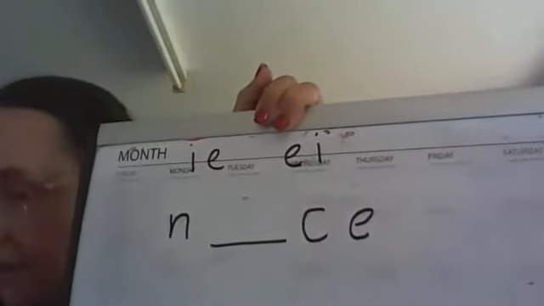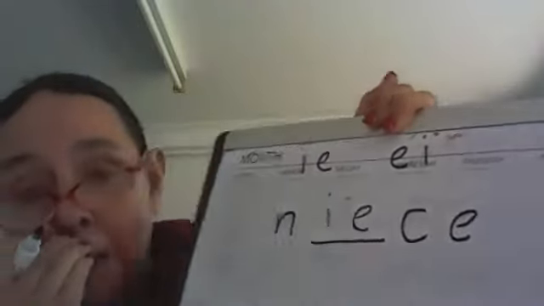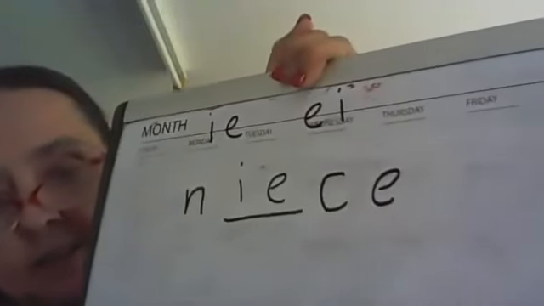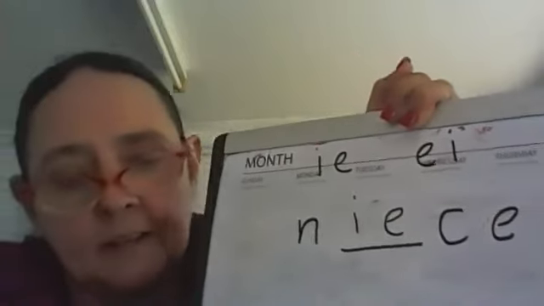We usually write I before E, except when it comes after C. So most of the time we're going to write I before E, like I've done here, except when it comes after C. Okay, let's have a look at what I've written there. Is everybody happy? What do you think about that?